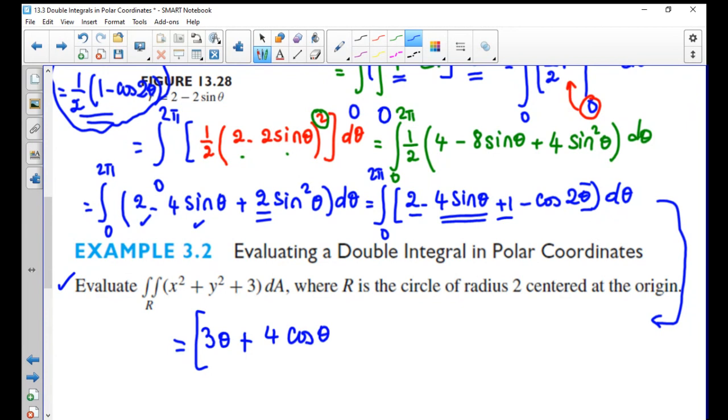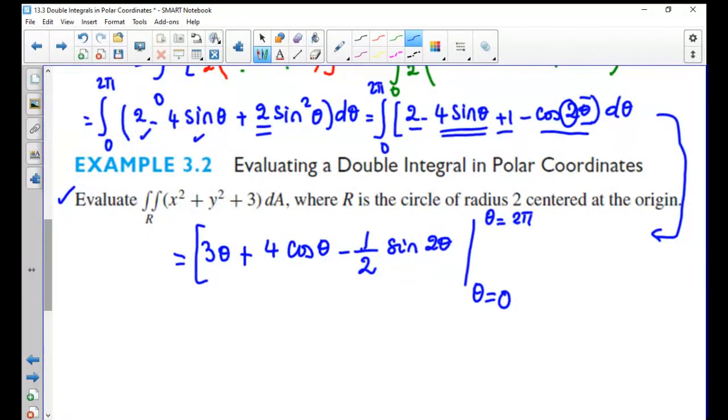We already mentioned that. And then the minus cosine 2 theta, it's half. Whatever the number is here, it's 1 over 2 sine 2 theta, and we will evaluate this from theta equal to 0 to theta equal to 2 pi, like this.